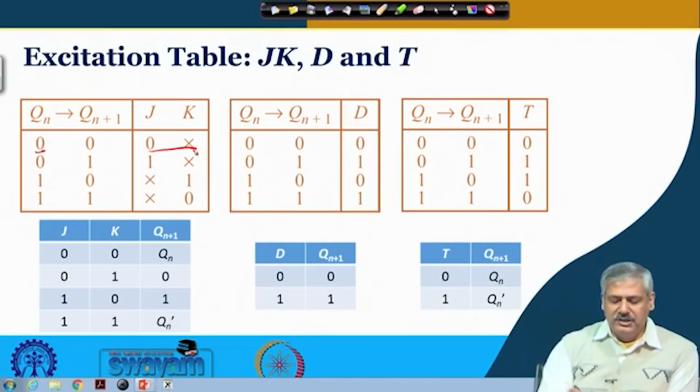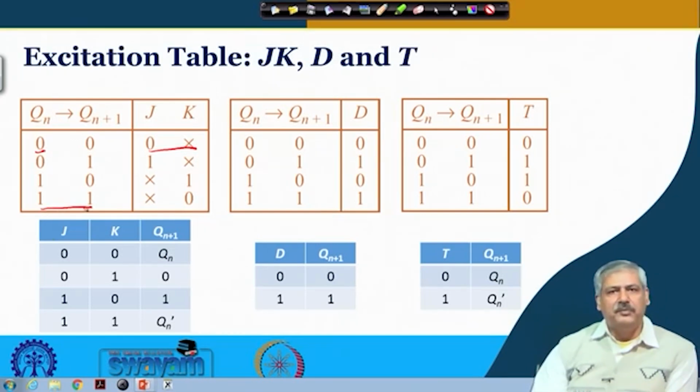So this is 0 cross. And similarly for 1 to 1, like the previous case, 0, 0 and 1, 0, both cases, if the previous state was 1, the next state becomes 1. So these two we can visualize from the SR flip-flop excitation table.